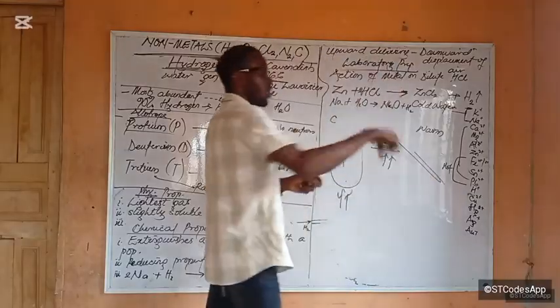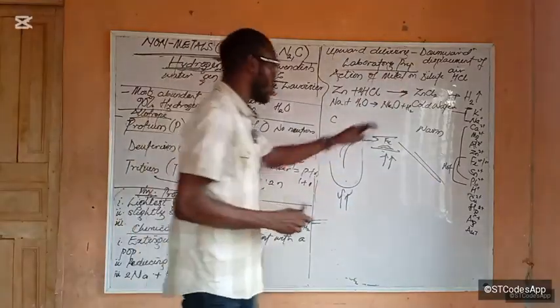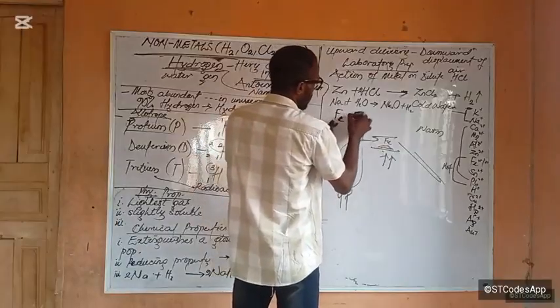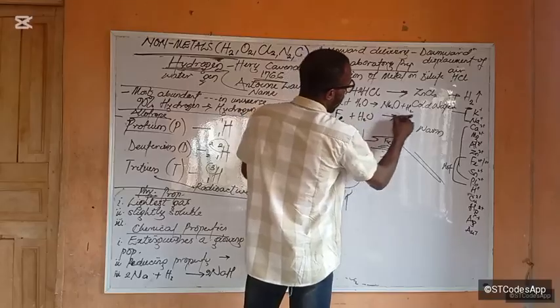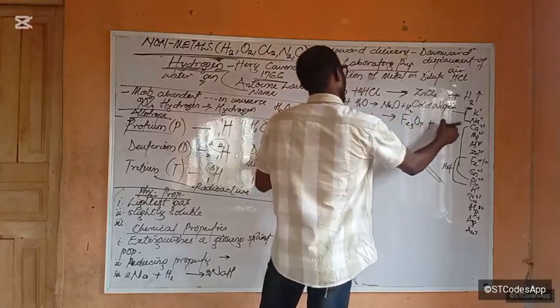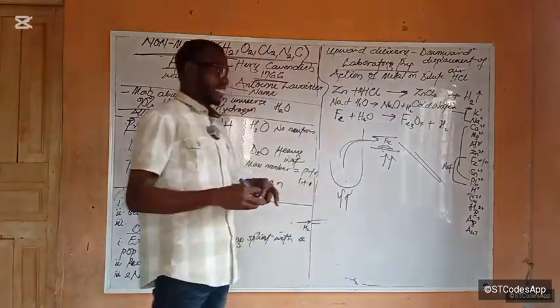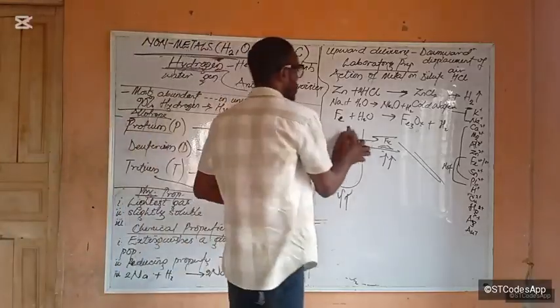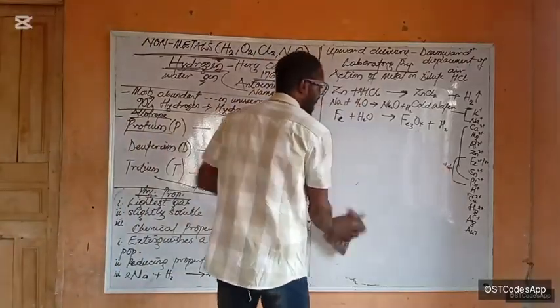It will be collected over water. The hydrogen will be liberated. So for iron, it's Fe plus H2O giving Fe3O4 plus H2 gas, which will be collected over water and dried again using fused calcium chloride. So that is their reaction.